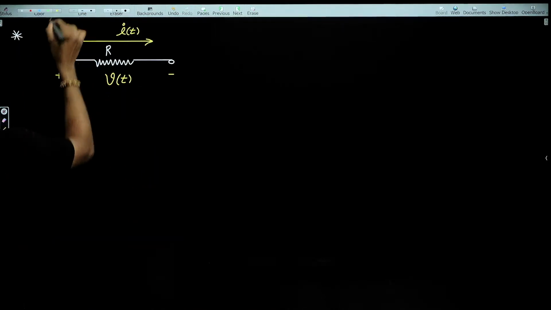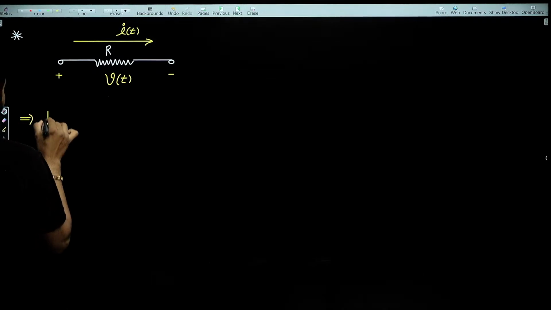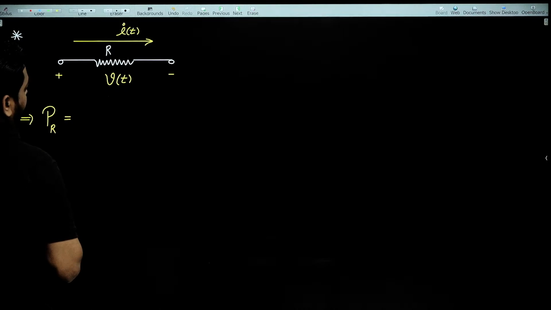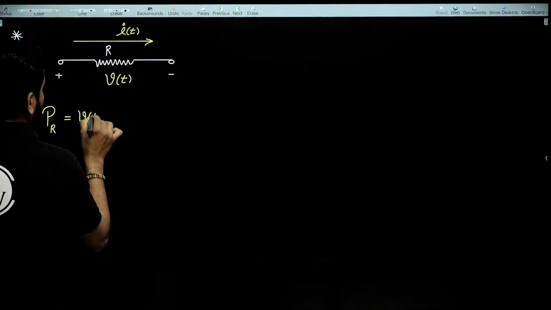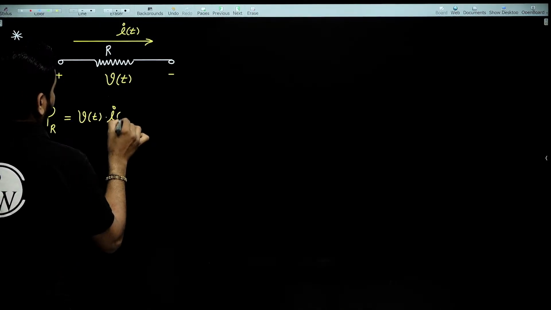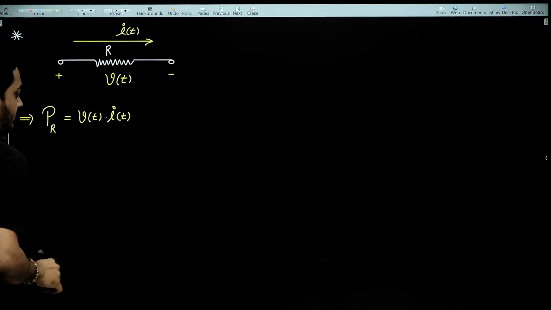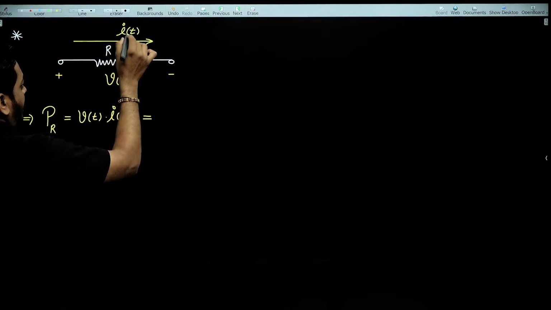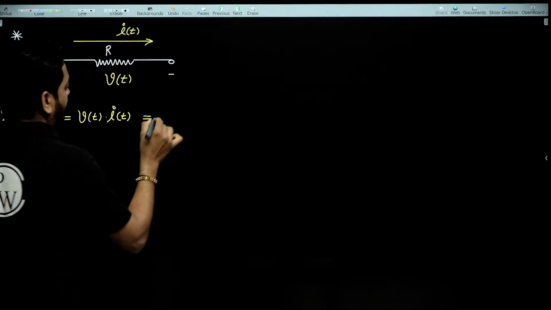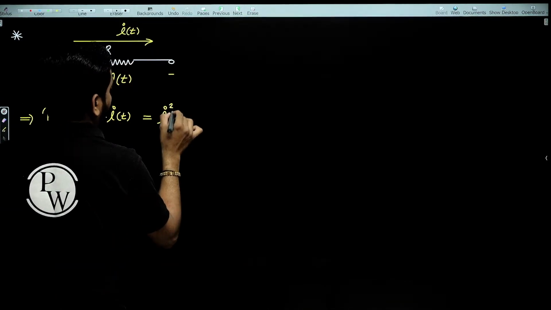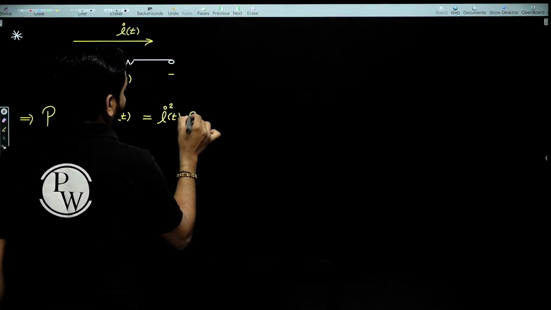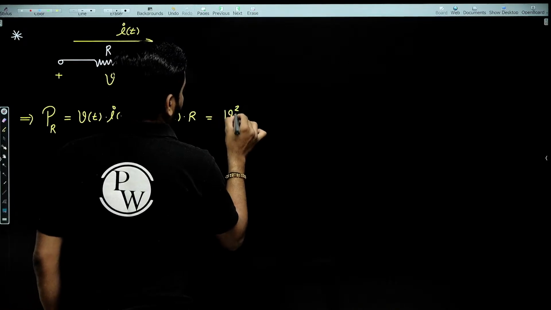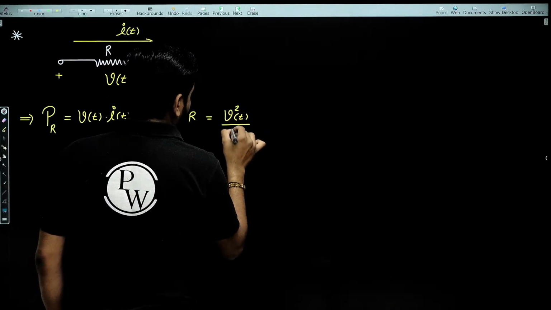The power dissipated in this resistor, P_R, is V of t into I of t, the instantaneous power. Since V of t equals I into R, it is I square of t into R, or with I of t equal to V by R, V square of t divided by R.